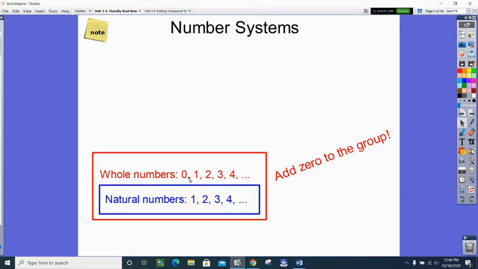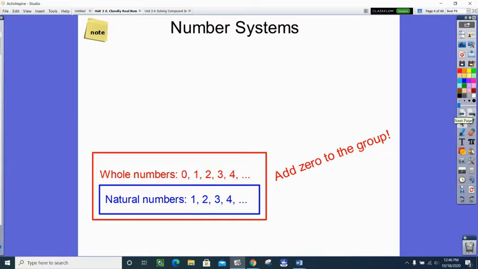I like to tell people, think of 0 as the whole of a donut. So one single number came into the group, and it's a whole number. So 3 is a natural number and a whole number. 4 is a natural number and a whole number, but 0 is only a whole number. It's not considered a natural number. As we go up, each group becomes part of the group above, but not the other way around.